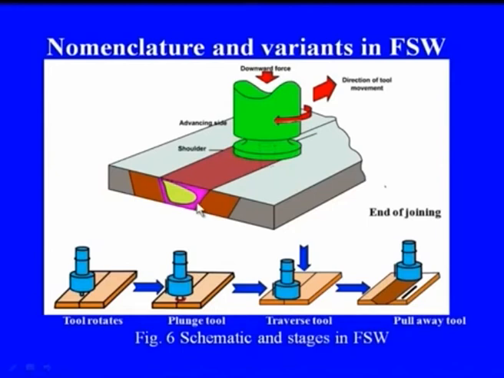This interface is being acted upon by the tool. This is the basic tool that will be responsible for making contact with the base plates, and this is the mechanism which will provide the rotation to this tool.